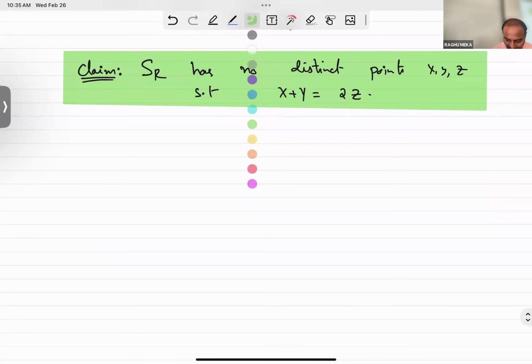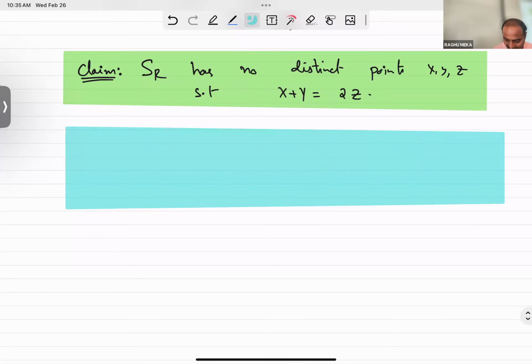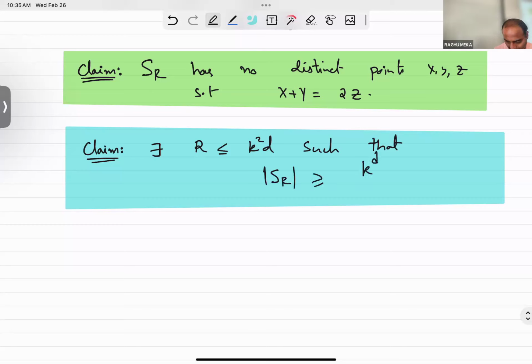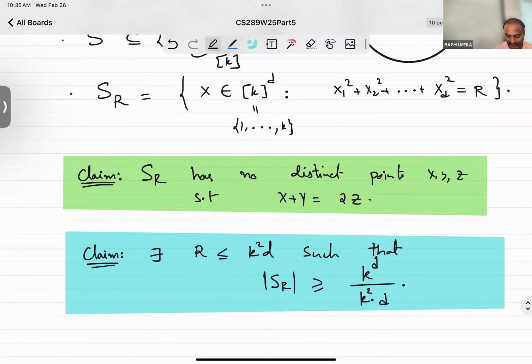The second thing we're going to do is to argue that one of these SRs must be big. For every R, the shell of radius R does not contain solutions to x plus y equals 2z.